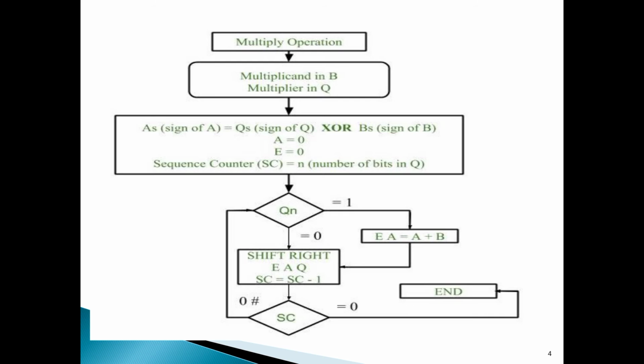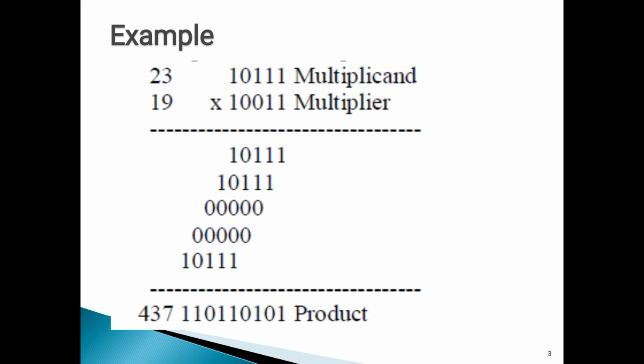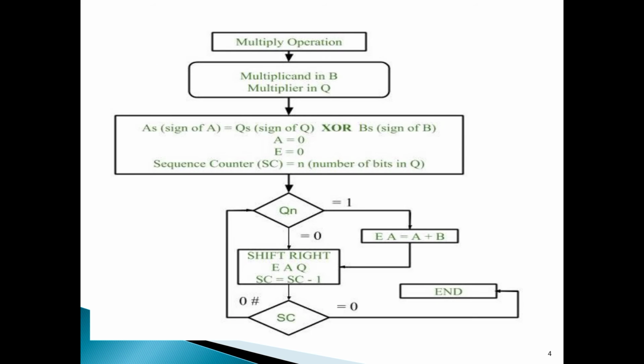Every time we check the sequence counter: if it is equal to 0, go to end; if not, the process continues until the sequence counter equals 0.